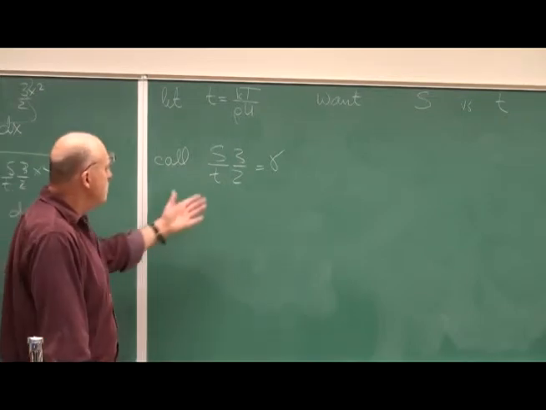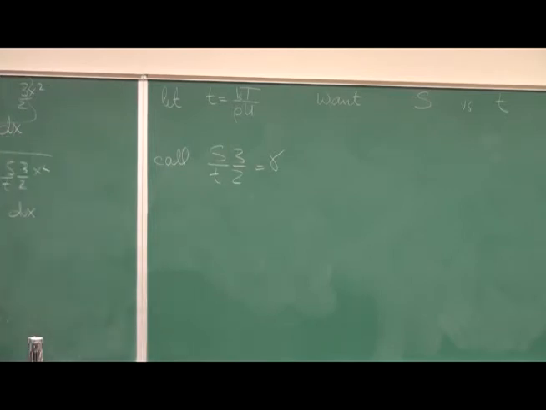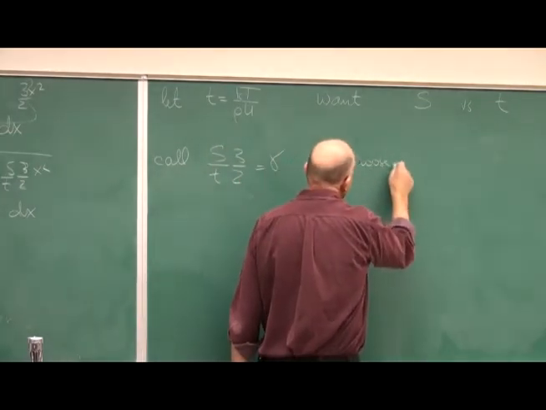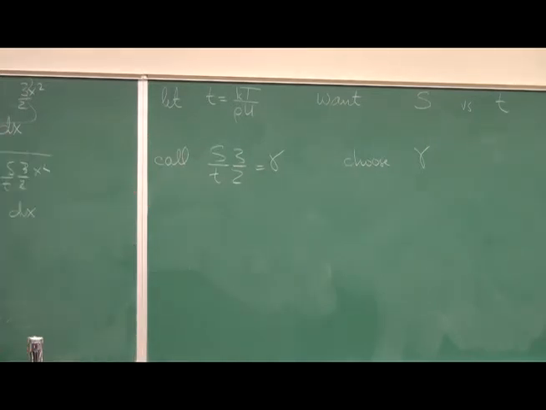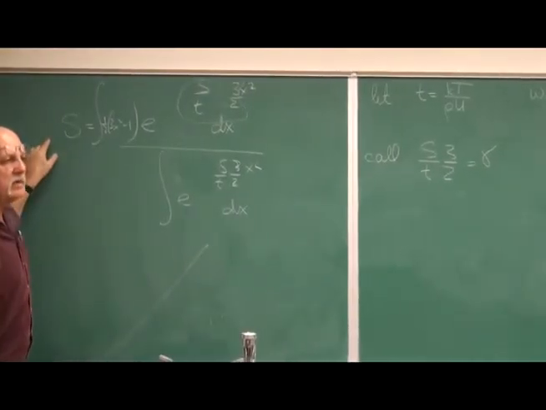In general, gamma is going to be some number. So a nice trick is to say, let me start by choosing a gamma. I'll just say gamma is 4. Once I have chosen gamma, I can calculate S. No more unknowns, right?